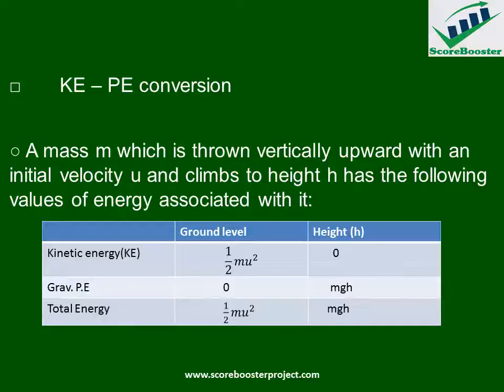While at height h, the object is not going to have any kinetic energy, so the kinetic energy will be 0, while the potential energy will be maximum, and that will be equal to mgh. So in terms of the total at the ground, the total energy will be the kinetic energy, which is half mu square plus 0 value of gravitational potential energy, while the total energy at height h will be equal to mgh since the kinetic energy is 0.